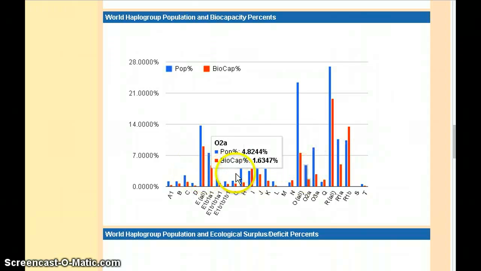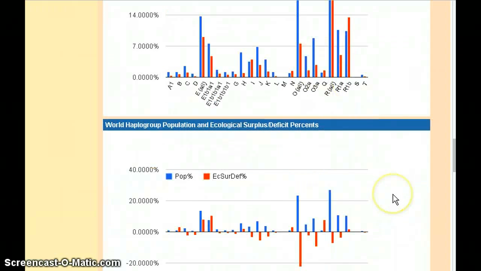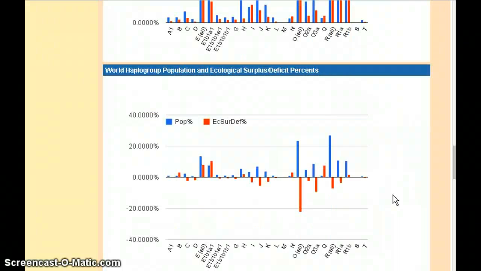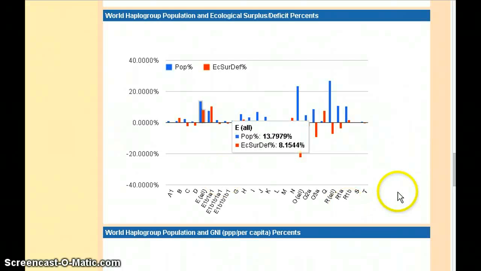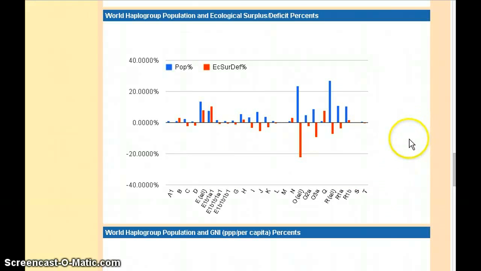These are important statistical analyses of global footprints that are not often seen. In fact, this is the first time I've ever seen the global footprint broken down into haplogroup categories. And there's a tremendous amount of data behind this, so feel free to access that.